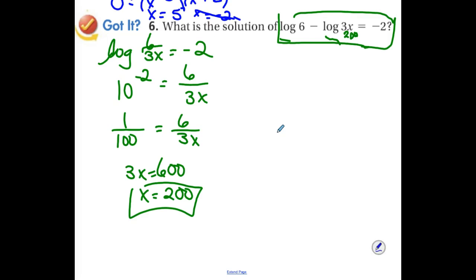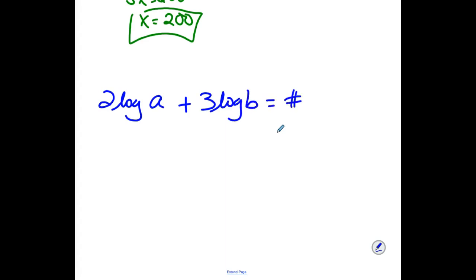Tell me what you would do. Let's say we had 2 times the log, I'm just going to put some variables in here, of a plus 3 times the log of b equaling some number. How would you condense that?